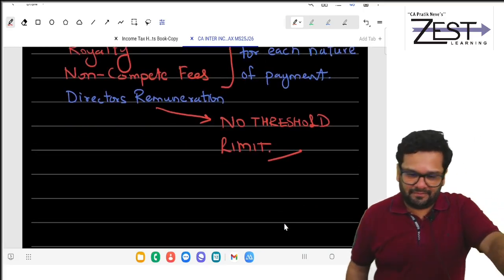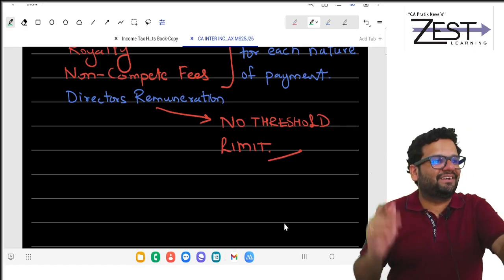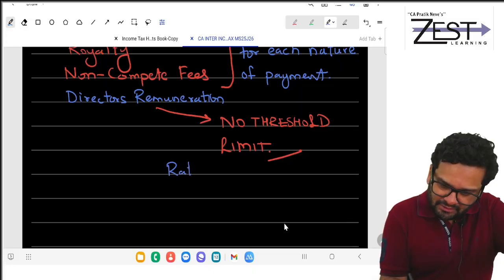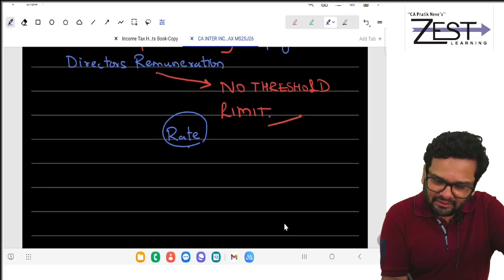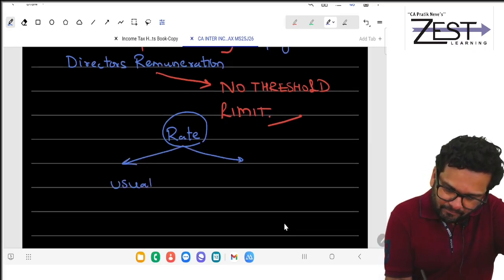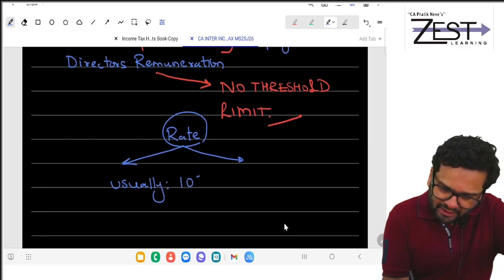That is the point. So threshold to be discussed in detail. Now discuss rate. Rate usually 10%.